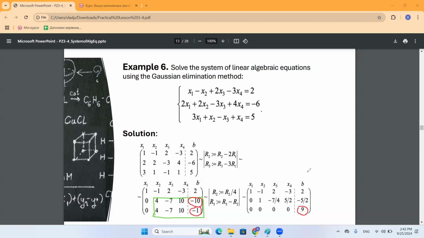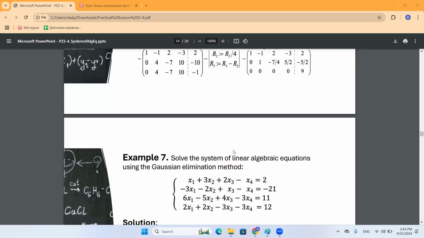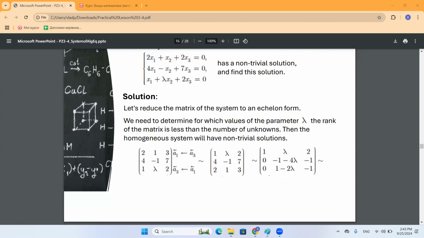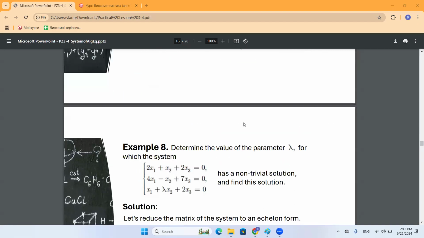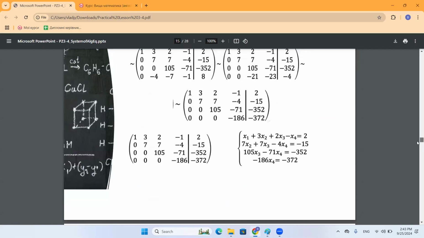No questions. Okay. So for the home task, start doing individual tasks related to systems of linear algebraic equations, but don't touch for now the systems which have zeros in the right part, the homogeneous systems. We will have them in the next practice.